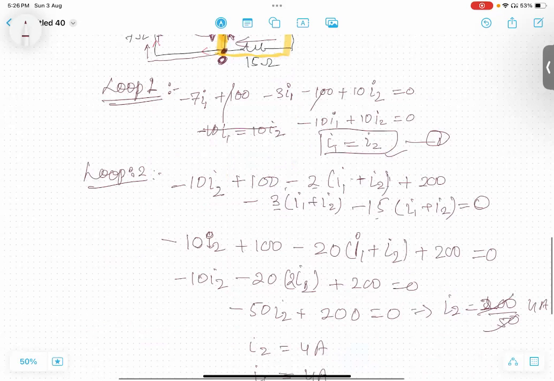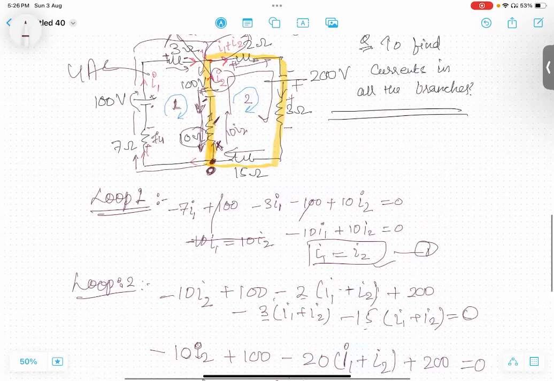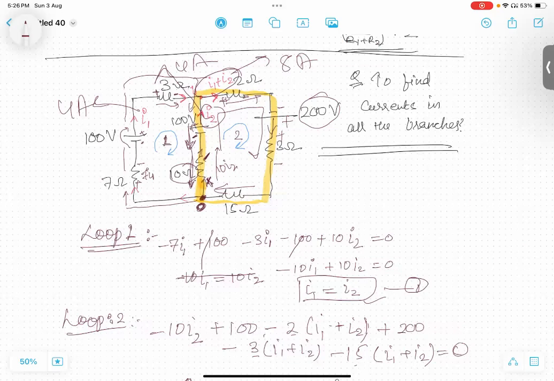Let's say someone is asking what is the power provided by this 200-volt battery. It is E times I. E is 200, and I is I1 plus I2, that is 8 ampere. So 1600 joules per second. This is the power provided by battery 200.